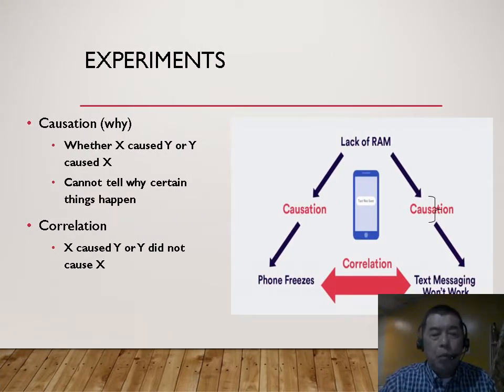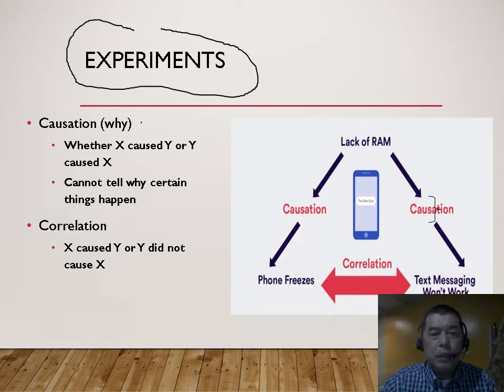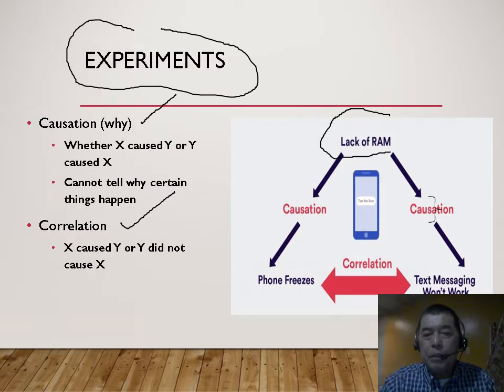Okay. The next is experiments. What is an experiment? Experiment has two attributes: the causation or the why, and the correlation or relationship. I have here a typical example of a telecommunication case wherein the specification is inadequate RAM, no? Specifications are usually built in, this is the read-only memory for a particular cell phone.